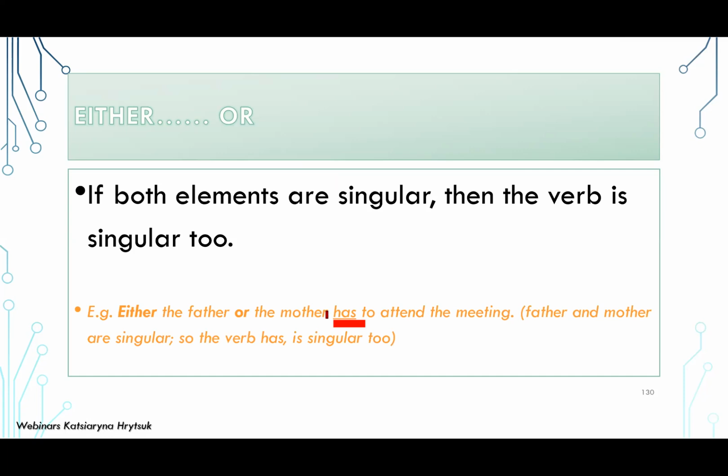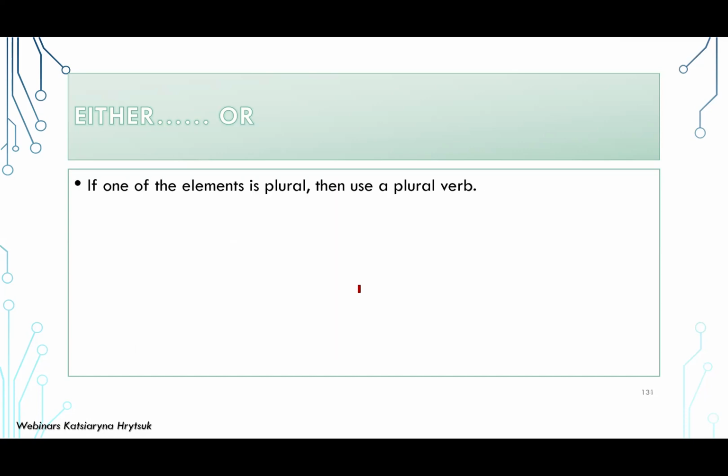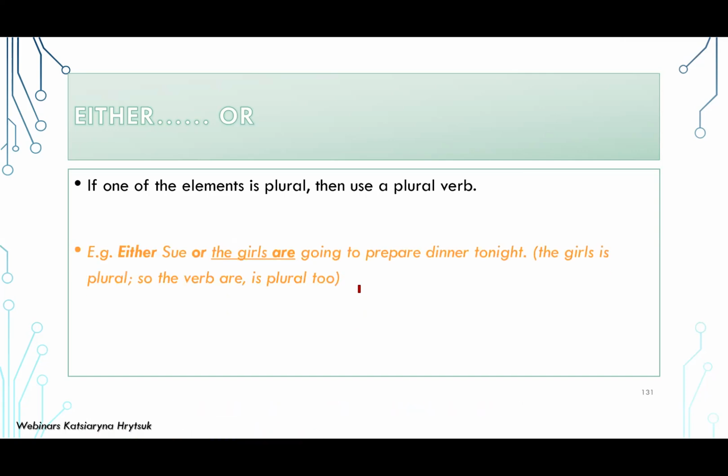Not the meaning of they, because you choose between father and mother. So if one of the elements is plural, then we use a plural verb. Either you or the girls are going to prepare dinner tonight. So here, one element, the girls, is plural. So the verb automatically goes plural.